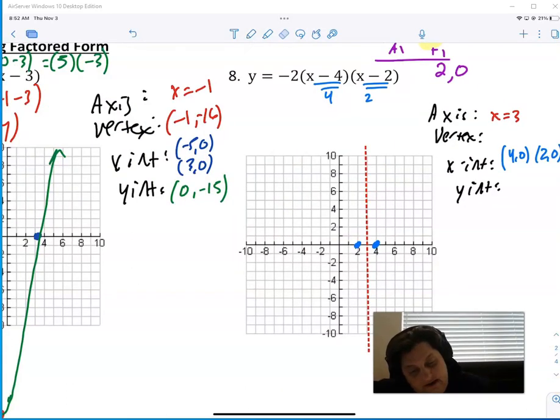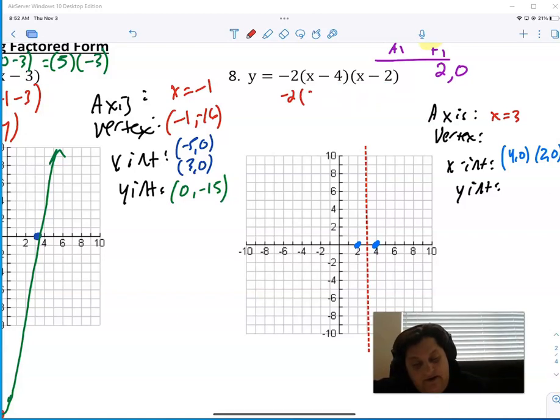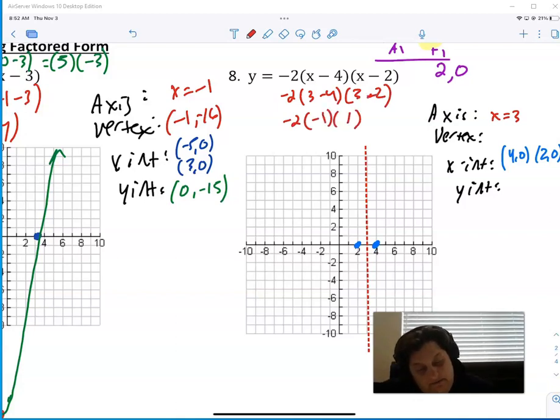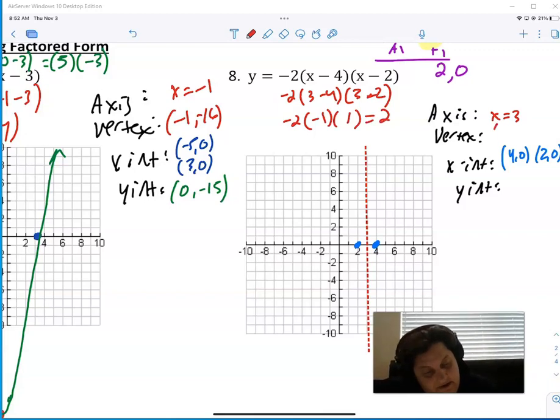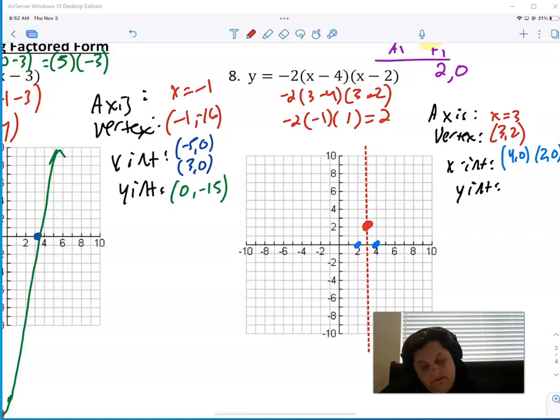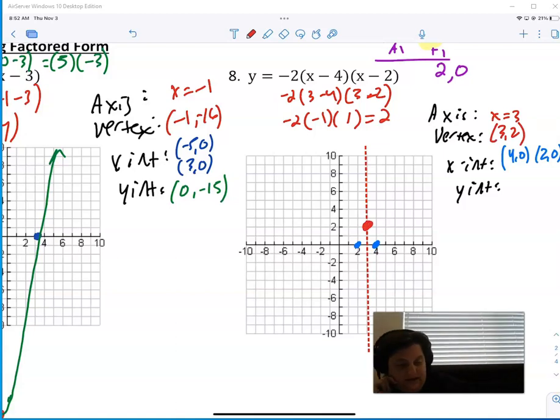And then the vertex, I need to plug in 3. Now I use the negative 2, I leave that out there. 3 minus 2 is 1, negative 2, negative 1 times 1, which gives me 2. So the point (3, 2) is my vertex.